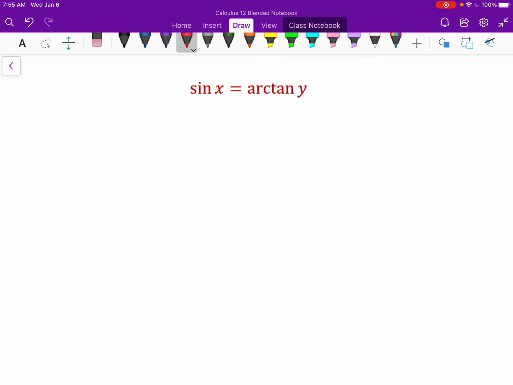You want to find dy dx of sine x equals arctan y. So notice this is an implicitly defined equation. So not surprisingly, you'll use implicit differentiation. But I would definitely try this before you watch me work through it. Okay, so the first thing I want to do is differentiate both sides with respect to x.